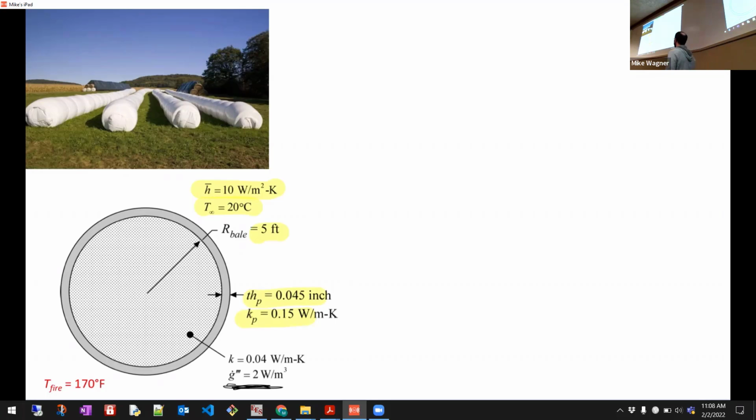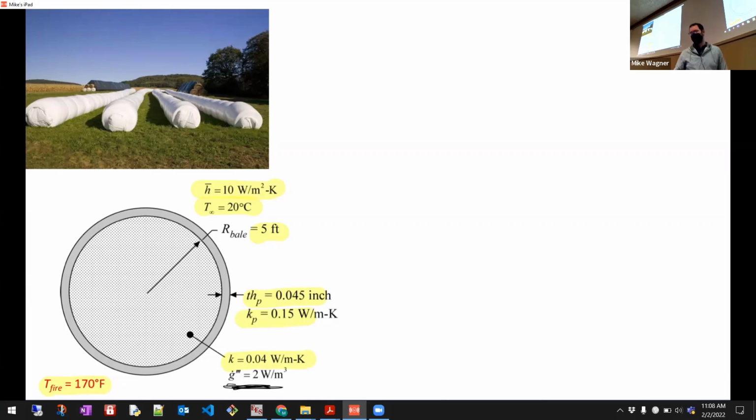It's kind of like heavy duty saran wrap, but it has really low conductivity, so we need to maybe consider that as well. The conductivity of the bale itself is very, very low, 0.04. And again, there's thermal energy generation occurring. We've observed in the past that bales above 170 degrees Fahrenheit start on fire. So that's our limit. We can't have that temperature at any point within the bale.